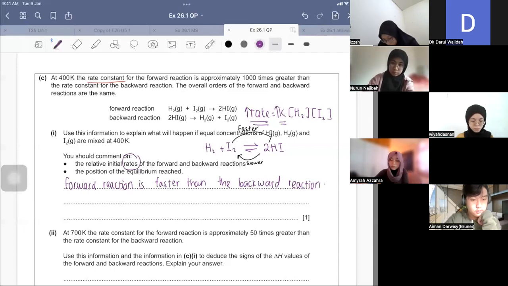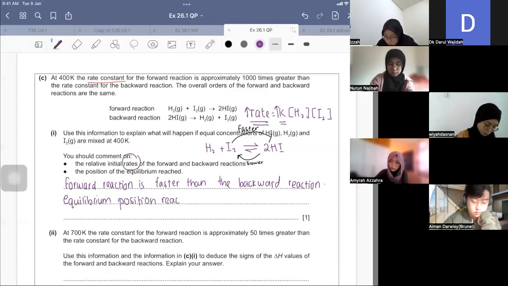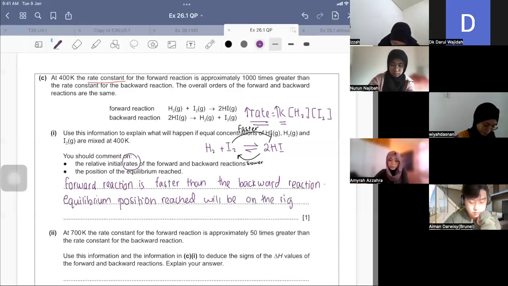So the equilibrium position reached will be on the right side, or the product side.